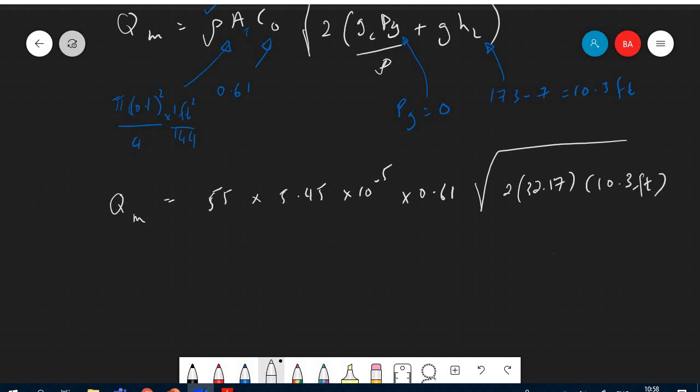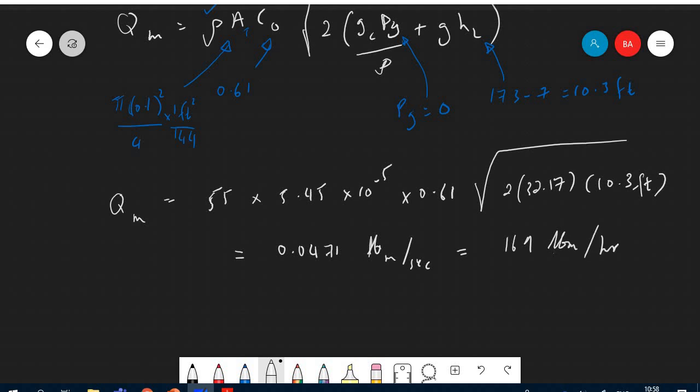If you multiply it, the answer will be about 0.047 pound mass per second, and that will be about 169 pounds per hour. Pound mass per hour. Okay, great.